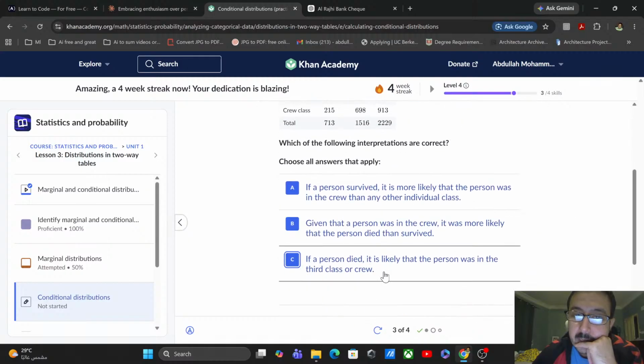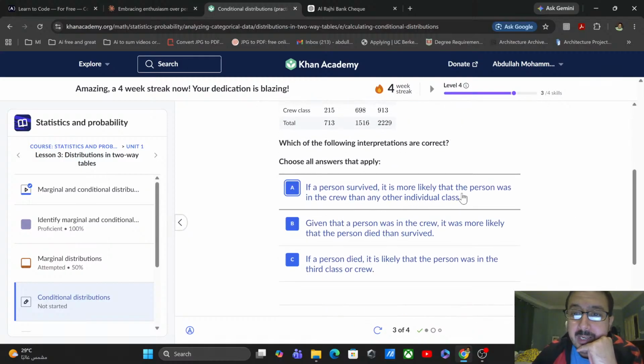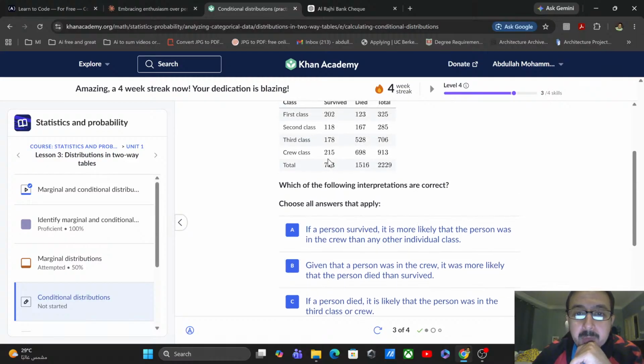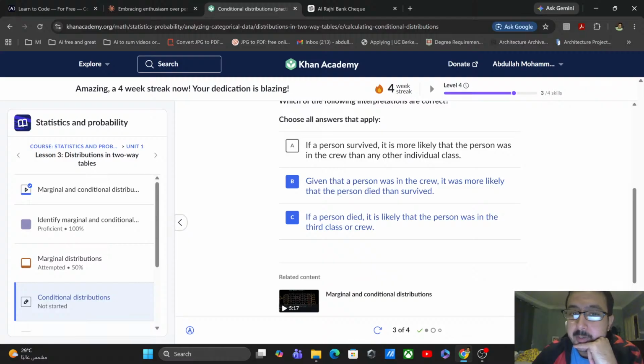So this, it's more likely. I don't like more likely here because it's only 215, 202. So I guess I'll gamble here. Okay.